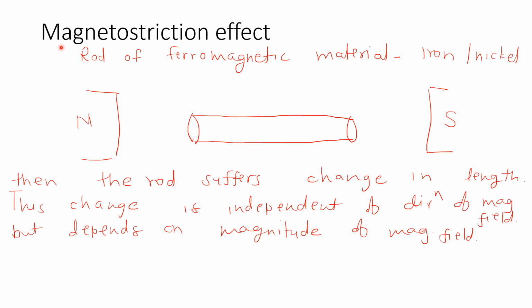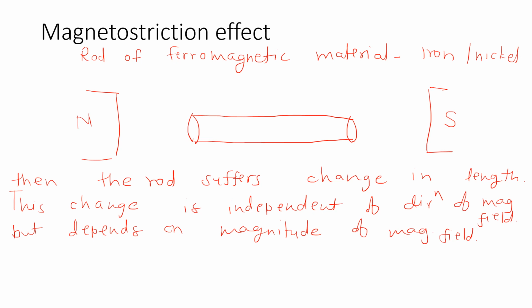This magnetostriction effect can be used to produce ultrasonic waves. Let us see how this is made possible. If in this magnetostriction effect, the rod is placed in an alternating magnetic field instead of a steady magnetic field.